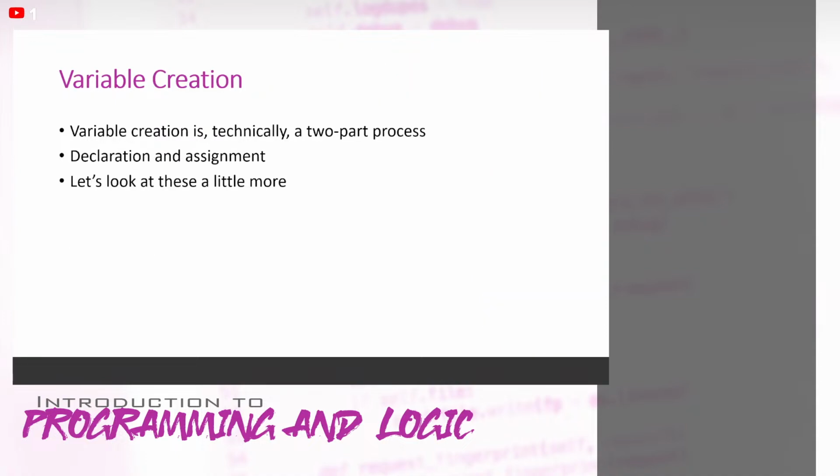So when we look at variable creation, it is technically a two-part process, although it is not in Python. Right? Because we said Python's dynamically typed or weakly typed. So whatever kind of value we put into that container becomes the type of that variable at that given time.